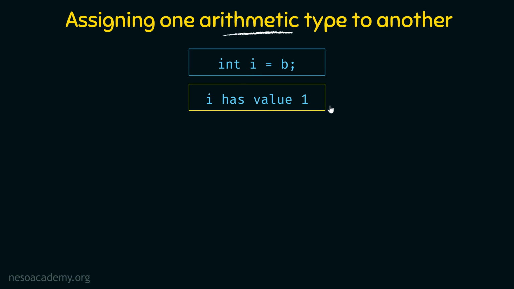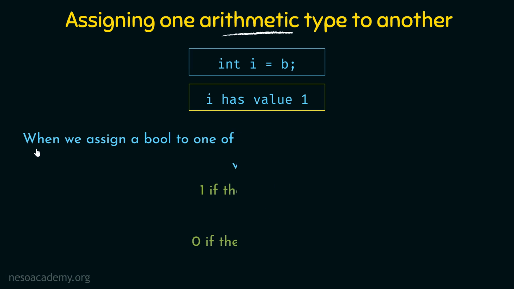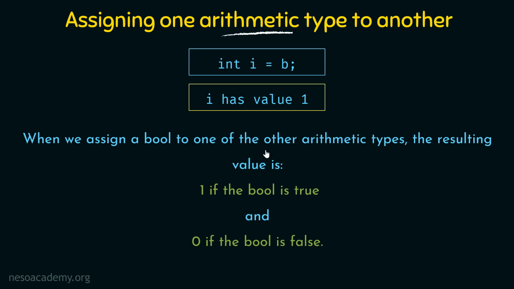Now why did this happen? Let's see what explains this. When we assign a bool to one of the other arithmetic types, the resulting value is 1 if the bool is true and 0 if the bool is false. So here we are assigning a Boolean type to an integer object.